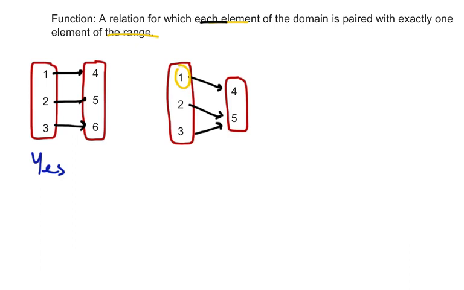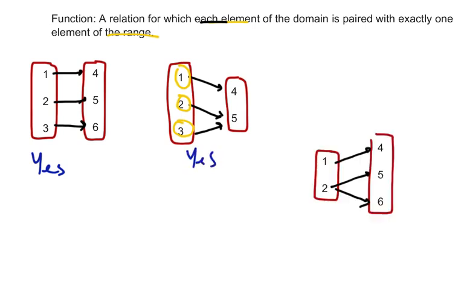Yes, it is. When we look at 2, is it being paired with exactly one element of the range? Yeah, it is only paired with 5. And the same thing with 3. Even though it's also paired with 5, 3 is only paired with one element of the range. So that means that each of these elements are only being paired with one element of the range. So yes, this is a function.